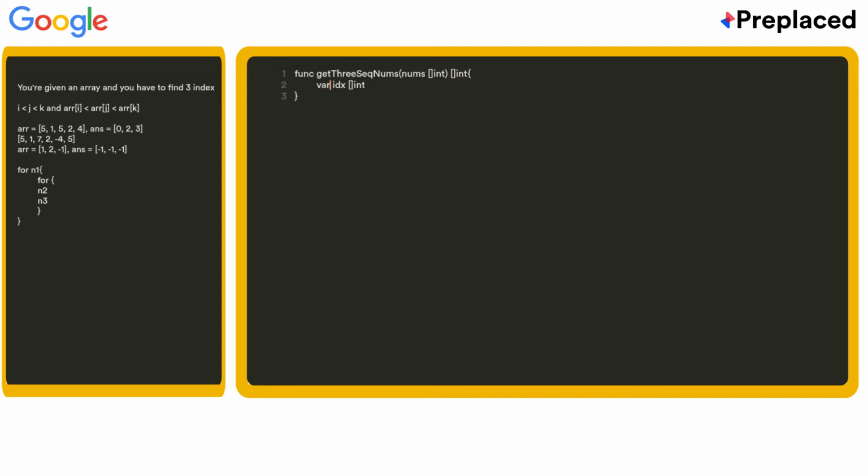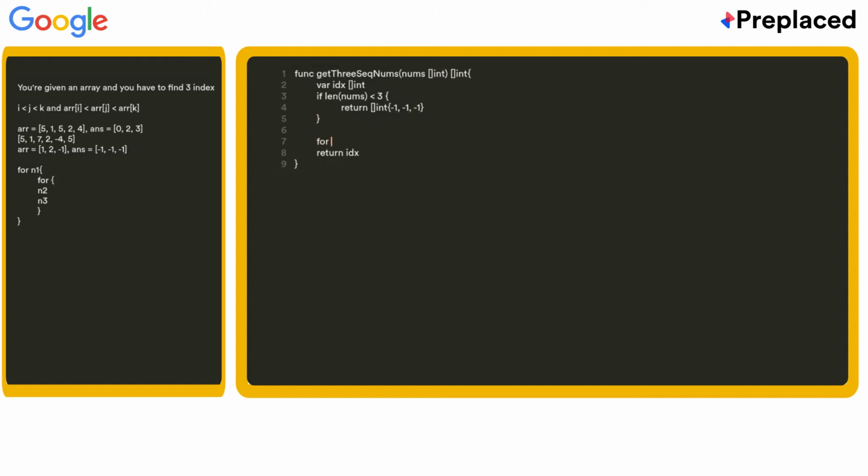So in this, I will return the index. First thing that I will check is if the length of nums is less than 3, and I have to return value of integer that has -1, -1.